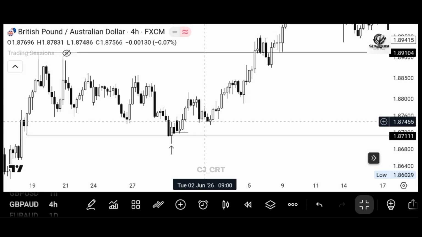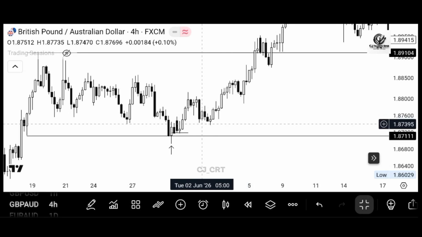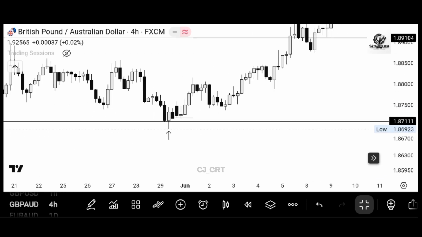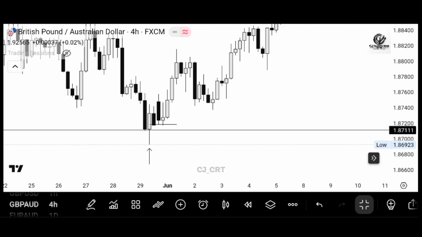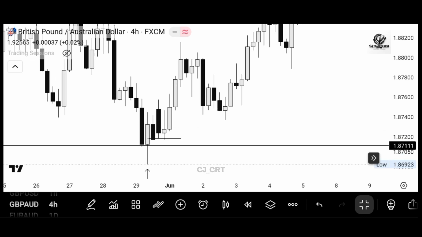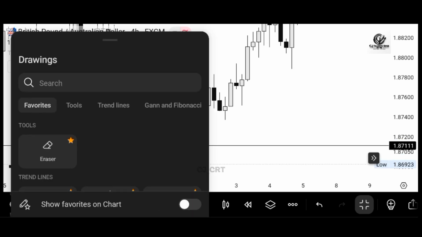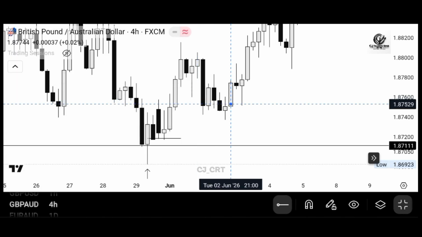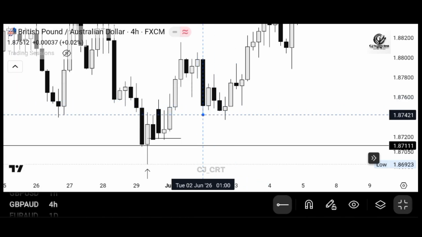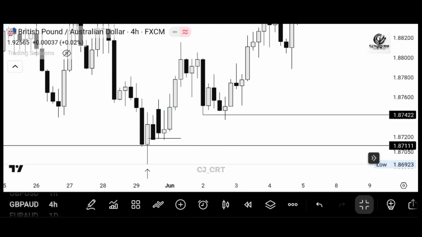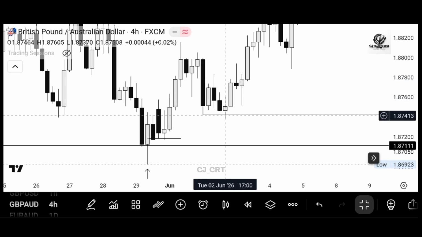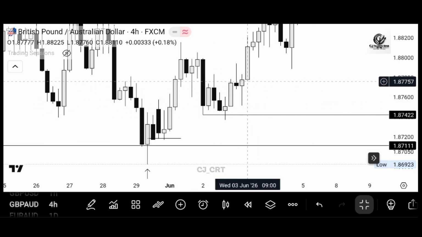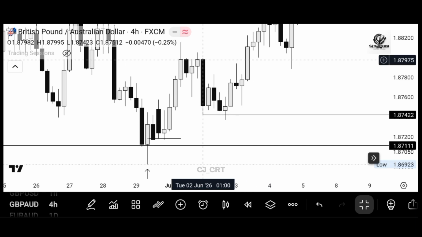So I caught this particular bullish 4-hour CRT, and I aimed for the buy side of the 4-hour CRT.